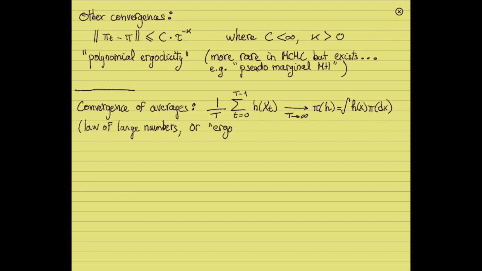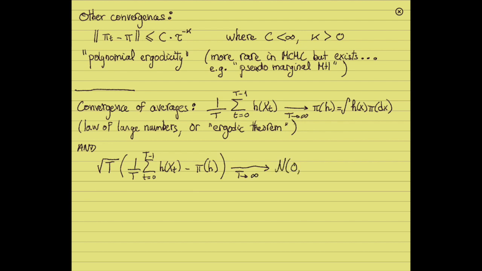And furthermore, on top of a law of large numbers, you might want to have a central limit theorem. So a central limit theorem is something of the form square root of T times the average minus the limit pi of h. And that quantity converges towards a normal distribution centered at 0 and with some variance v that depends on K, the Markov kernel, and the function h.